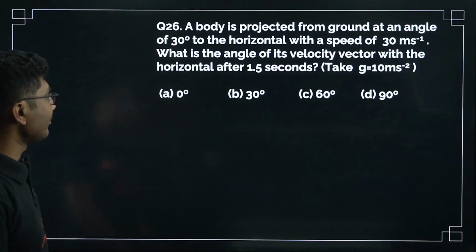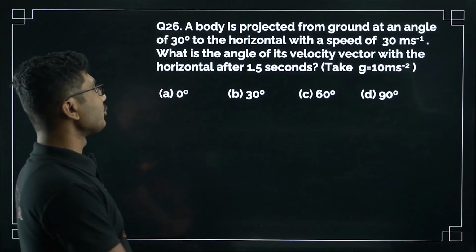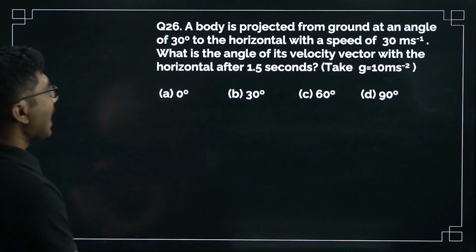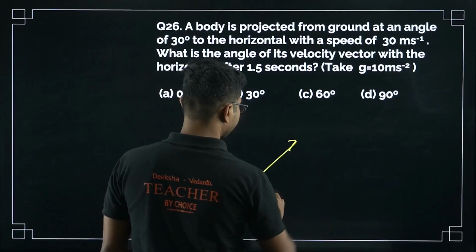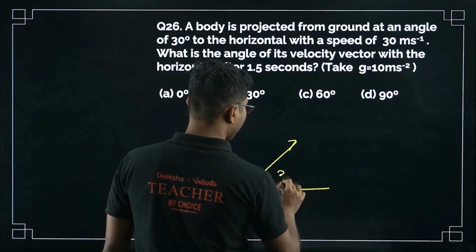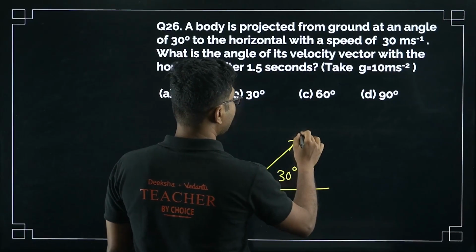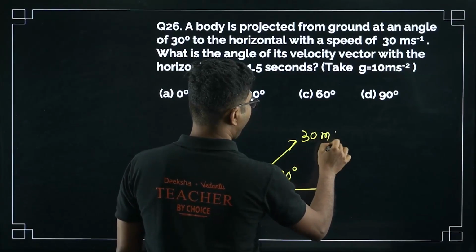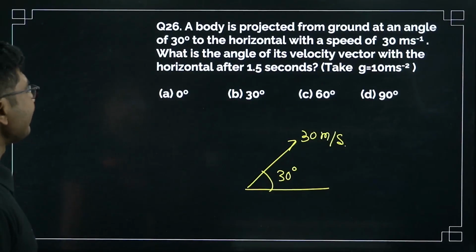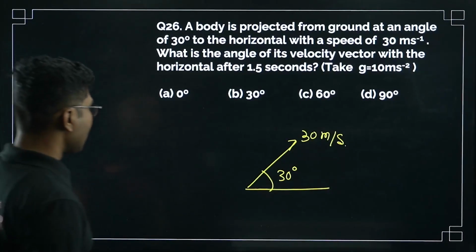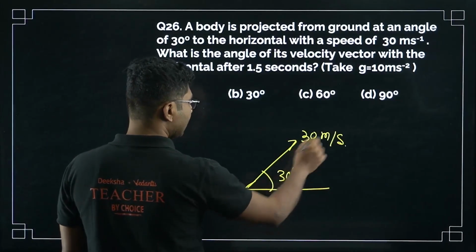Very, very interesting question. A body is projected from ground at an angle of 30 degree with the horizontal with a speed of 30 meter per second. What is the angle of its velocity vector with the horizontal after 1.5 seconds? So initially it is projected like this.